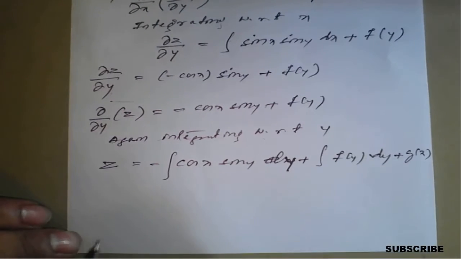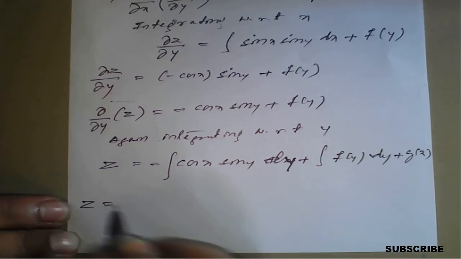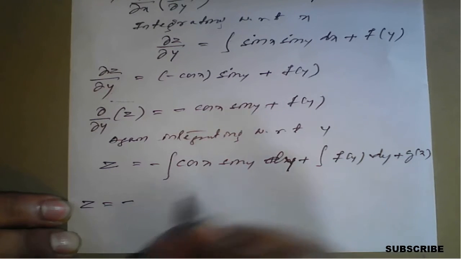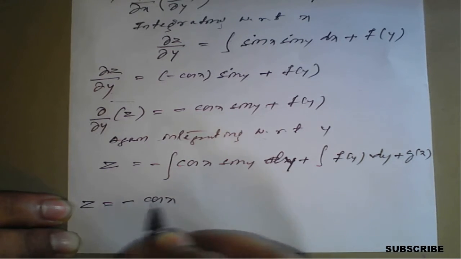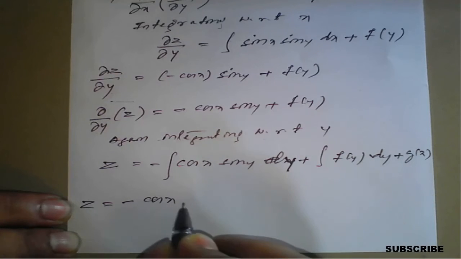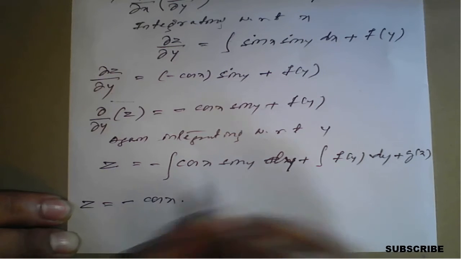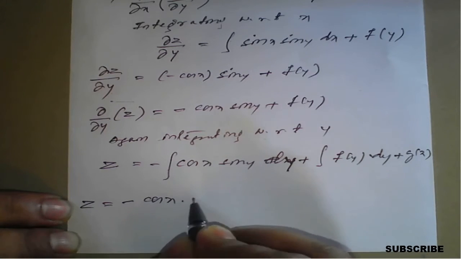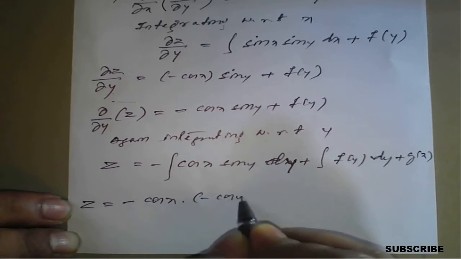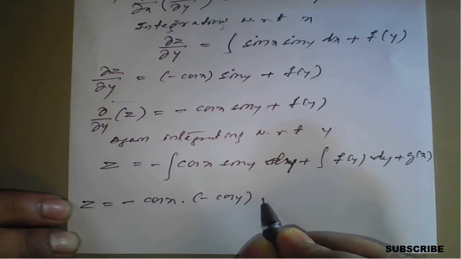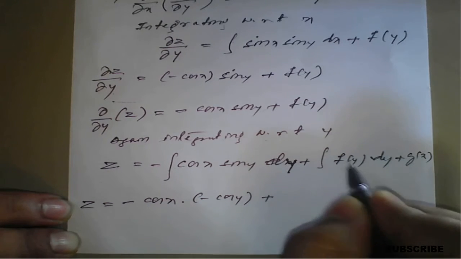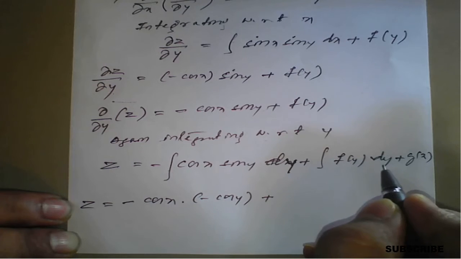Simplifying, z equals minus cos x, which is constant with respect to y, times the integral of sin y, which is minus cos y, plus the integral of f of y with respect to y.